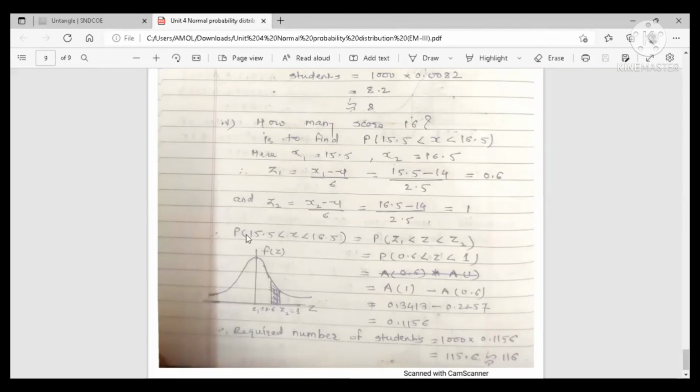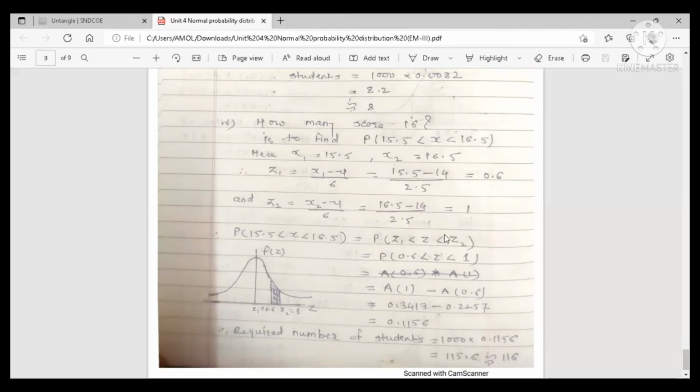So when we find the probability between 15.5 and 16.5, we have converted x1, x2 in terms of z1, z2, and their values are 0.6 and 1. So you find the area between 0.6 and 1. 1 is the bigger value compared to 0.6, so you subtract the area of 0.6 from the area of 1.